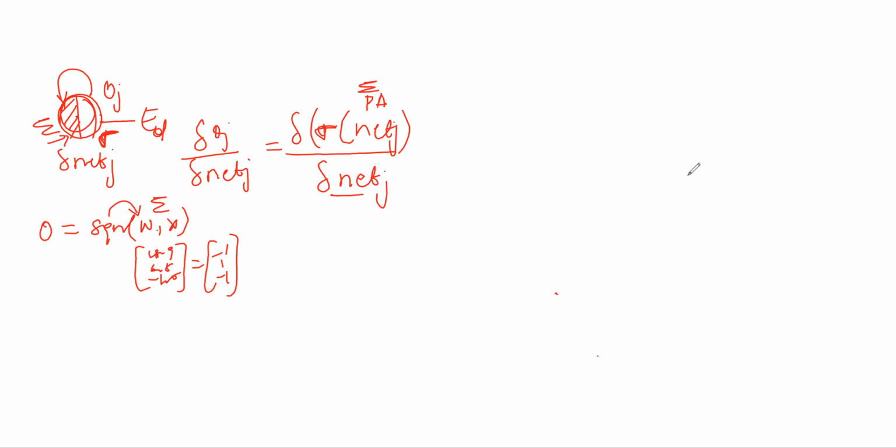From here, there's a derivation that is already there for each and every perceptron: what will be the value of it when it is applied with the pre-activation and activation function? I'm going to write it directly for your reference. It is basically OJ into 1 minus OJ. This is the value of each and every neuron.